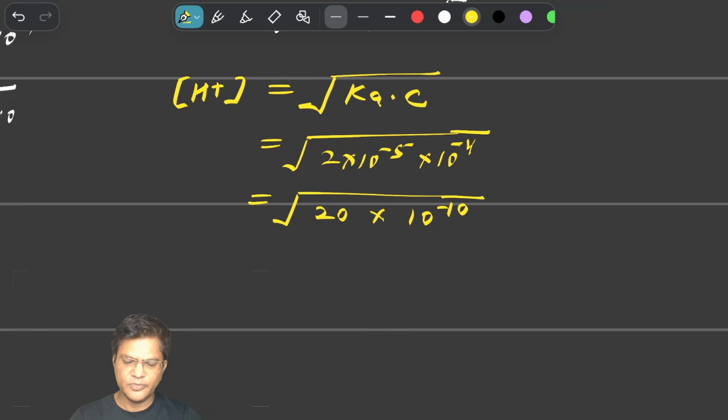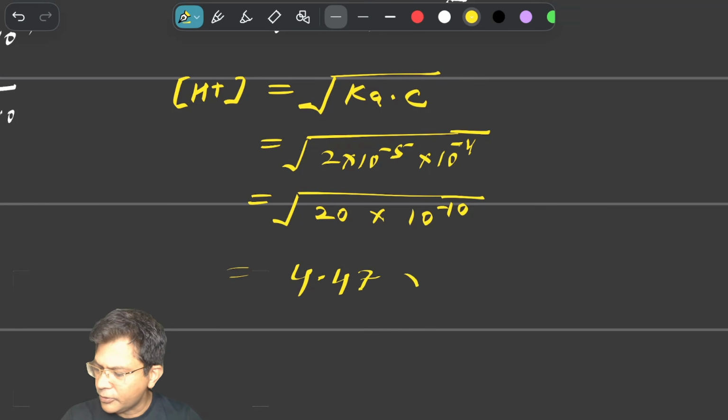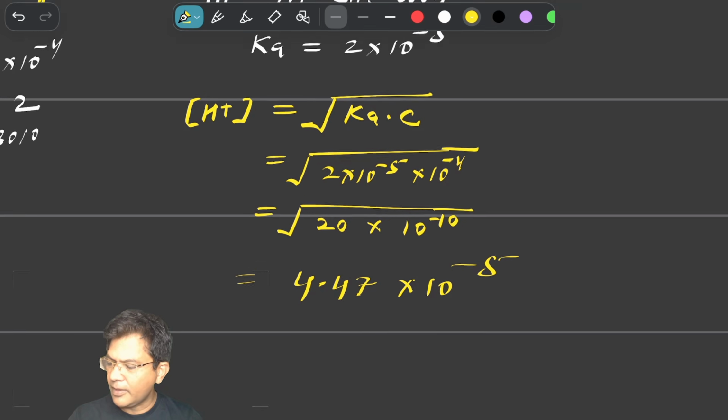The square root of 20 is 4.47. Got it? So 4.5 I will write down. 4.47 you can remember, or 4.5 into 10 raised to power minus 5. So it will come out.